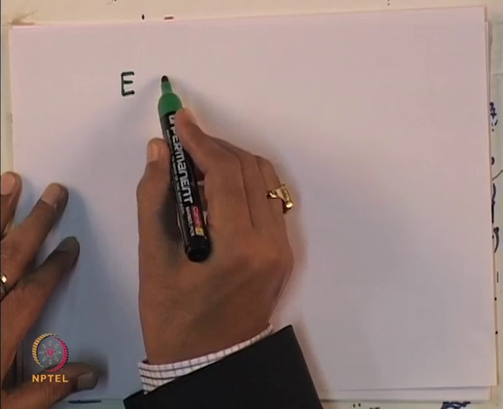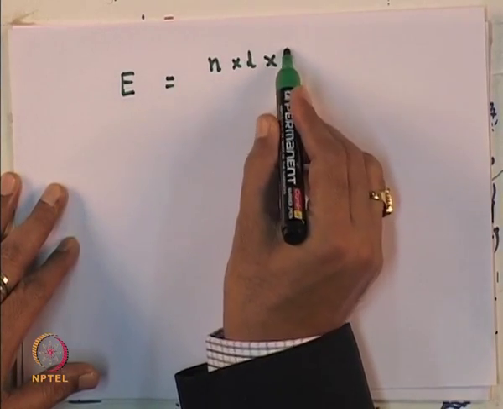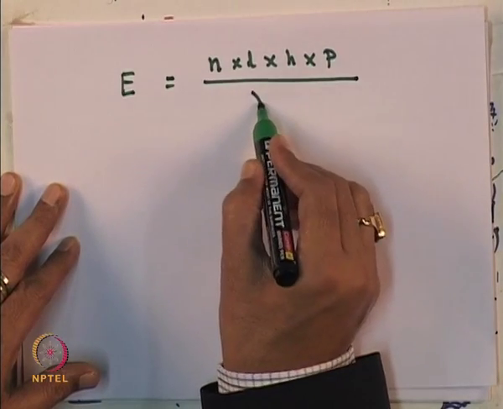Similarly, you can calculate the compactive energy in case of the modified Proctor test. So, for the modified Proctor test, you can write this equation, compactive energy E is equal to N into L into H into P, this divided by V.